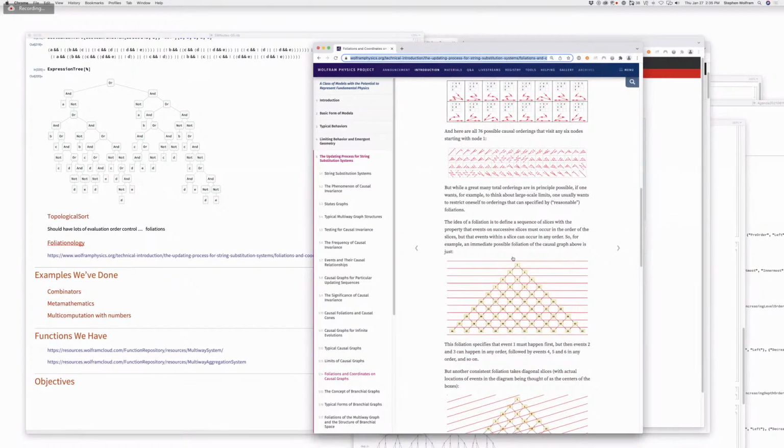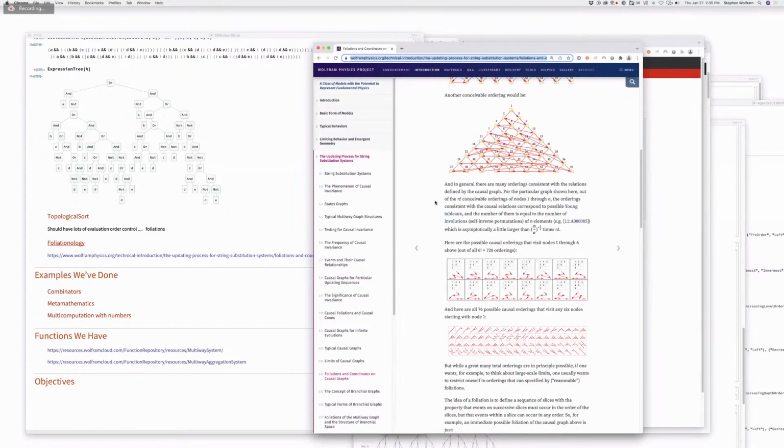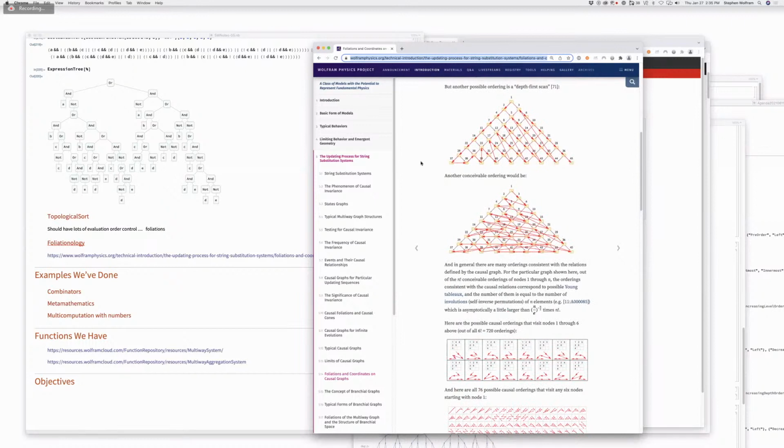Right. So here, these can be simultaneous because they're not time-like connected. And this is an enumeration of possible total orders. Notably, our tree traversal order certainly doesn't cover all of this because we're only naming particular tree traversal orders.